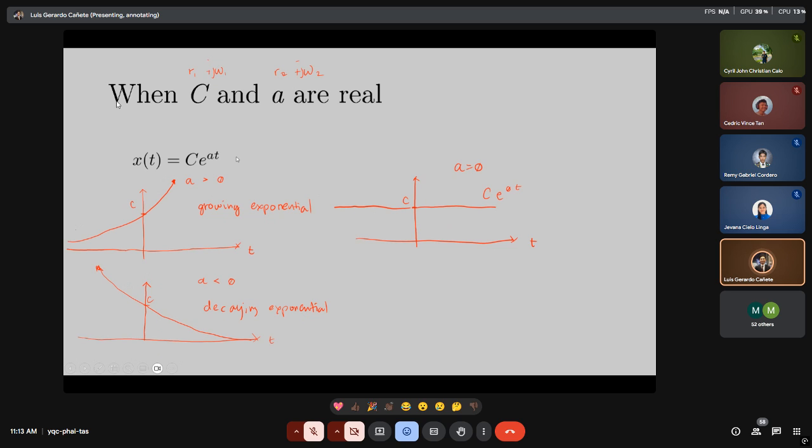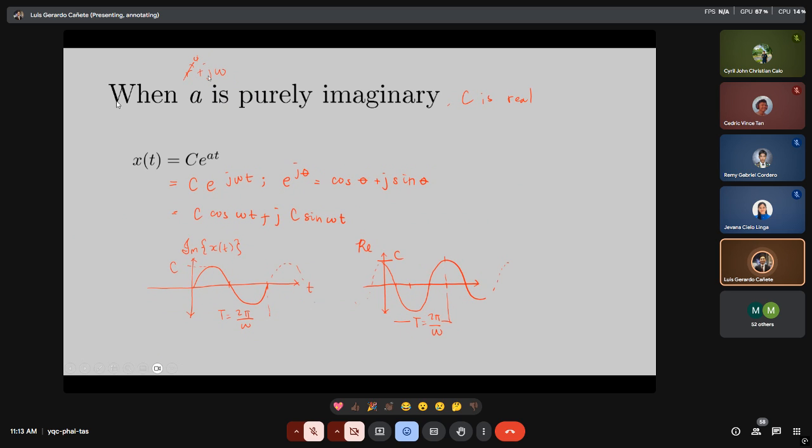Of course, this isn't as interesting as, say, for example, if we had a purely imaginary situation. So if you have a purely imaginary representation for Ce^(at), or I guess in this case, when a is purely imaginary at least, and C is still just real, then we can use Euler's equation, which is given over here.